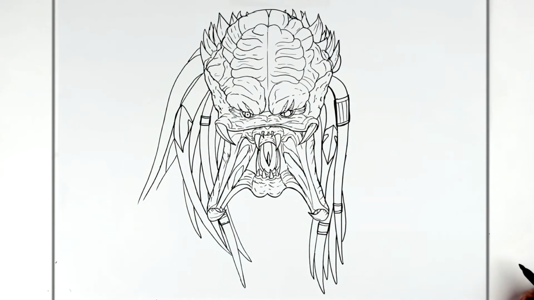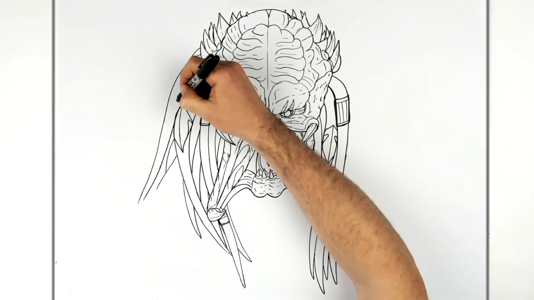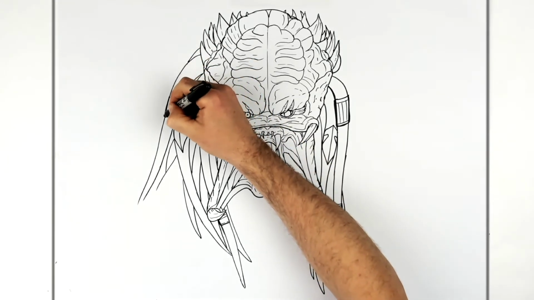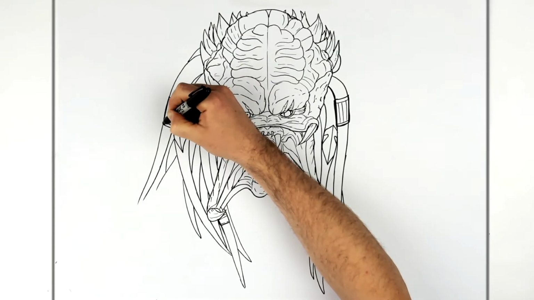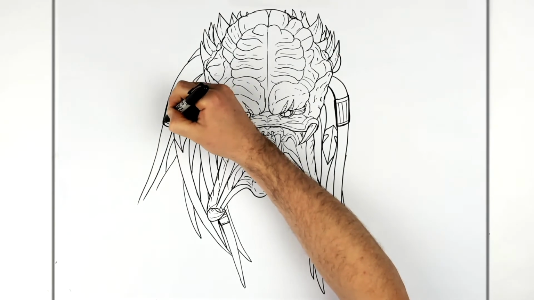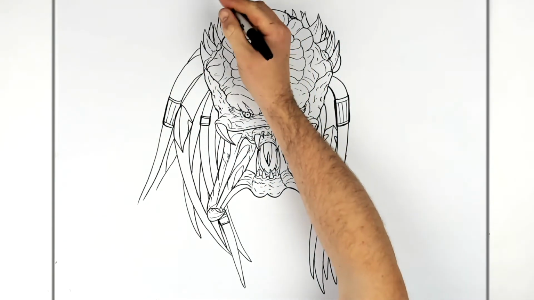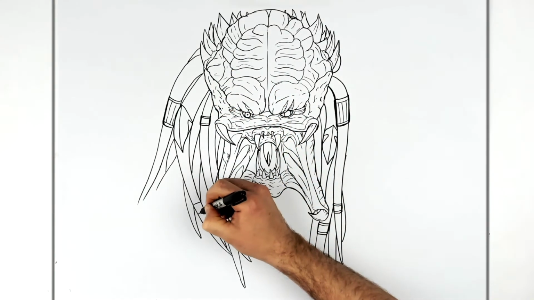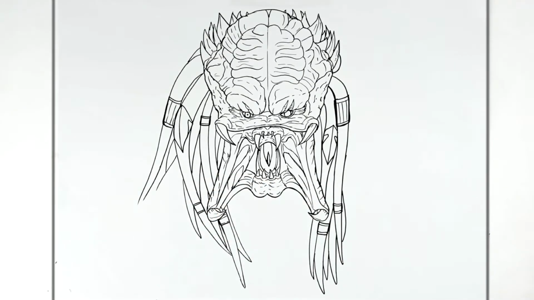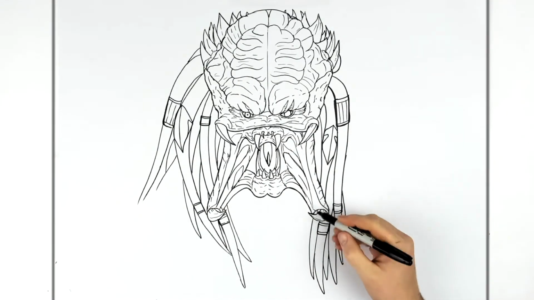Okay. Then a big round one on this. So that, and then some small one here. Okay, right, so you can add more if you want, but I'll leave it like that.